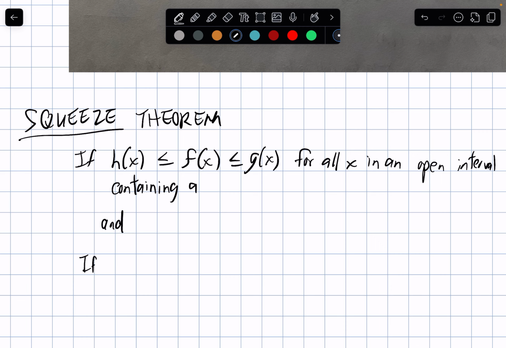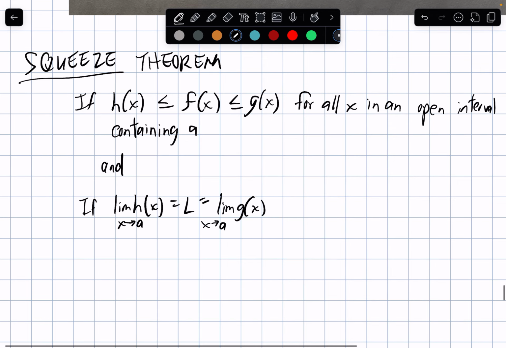Also, another condition, if the limit of h of x as x approaches a is equal to L, which is equal to the limit of g of x as x approaches a, then the limit exists. And this is equal to L.